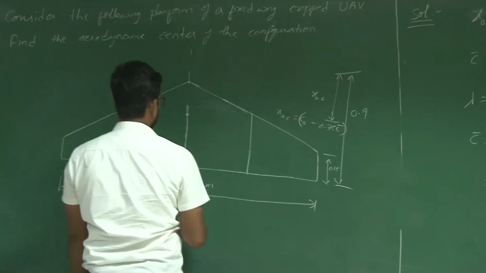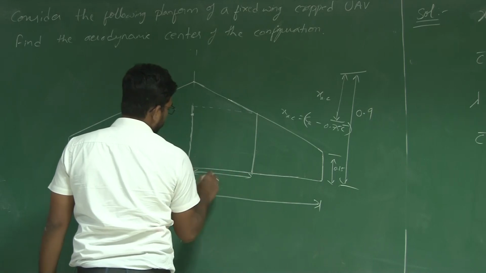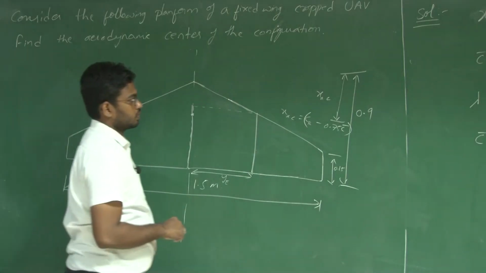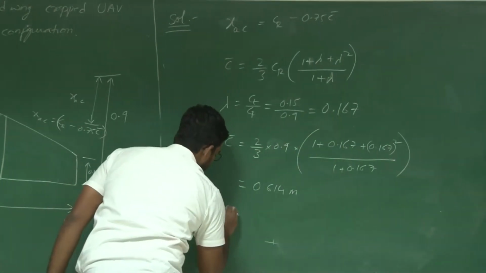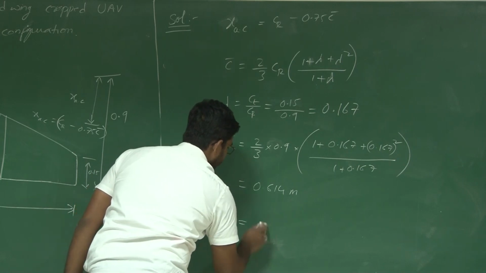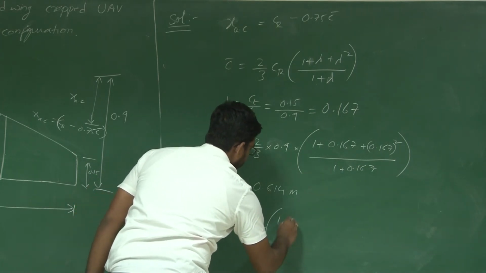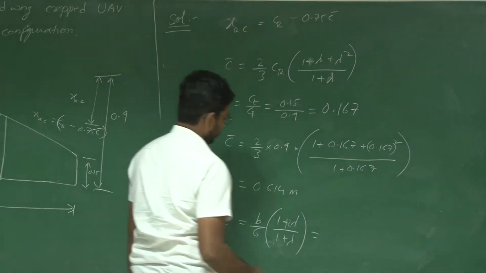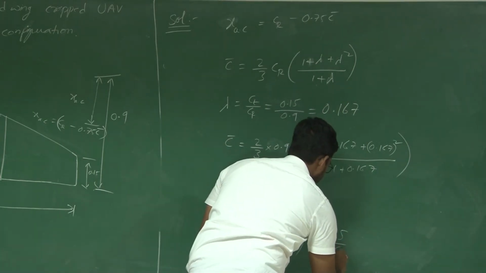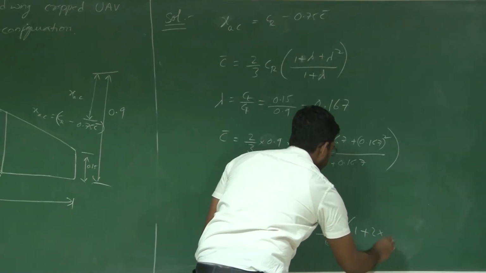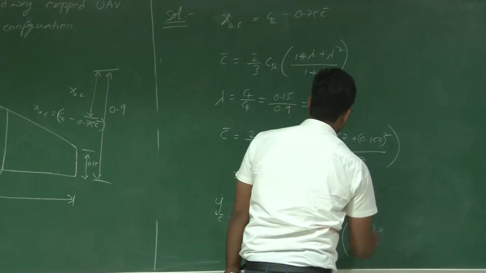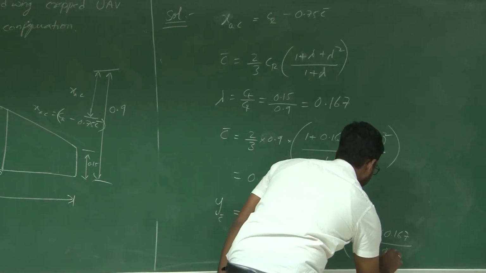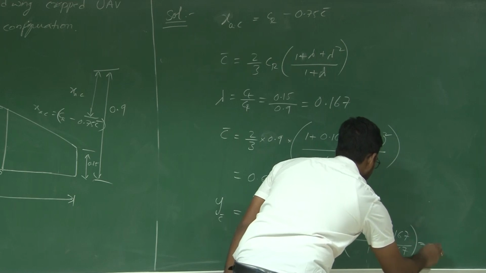Now, if you are interested, you can also find the y location of this C bar, the y location of MAC. So let's quickly do it. Y of C bar is equal to B by 6 into 1 plus 2 lambda by 1 plus lambda, which is 1.5 divided by 6 into 1 plus 2 times 0.167 divided by 1 plus 0.167.